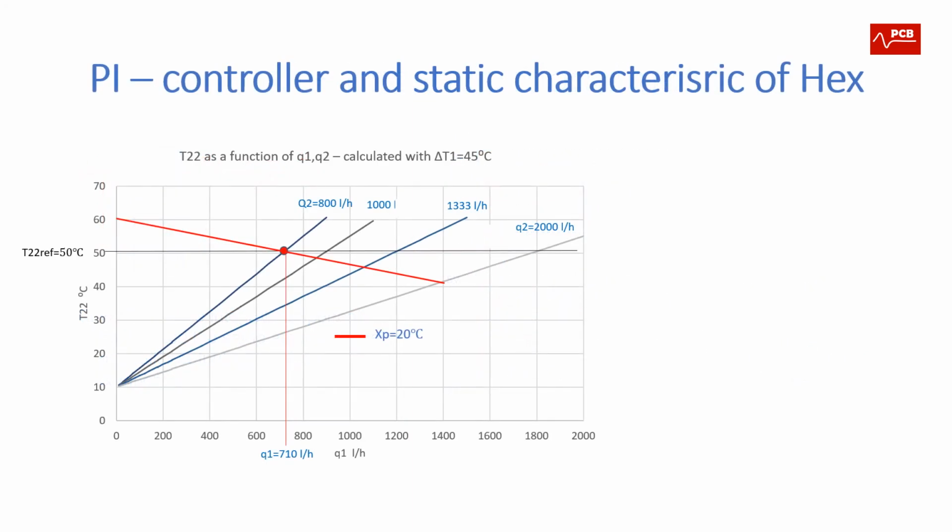How does the PI controller work together with the heat exchanger? Here is a static characteristic of the heat exchanger and a characteristic of the proportional component. And if the consumption increases, then there is an error.